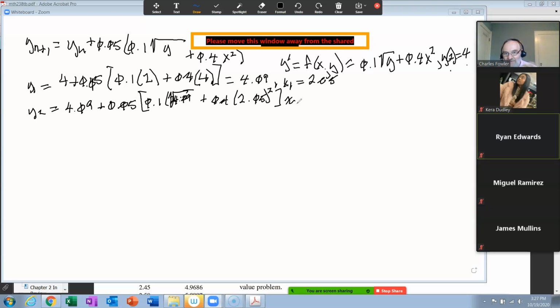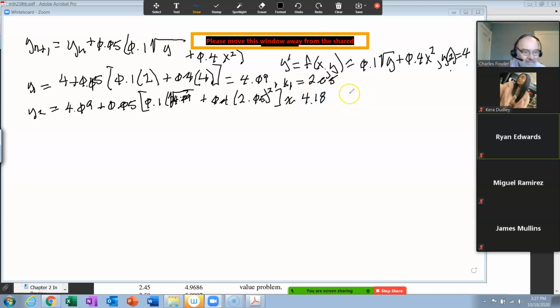If you were thinking it was, it's not. Okay, plus 0.4, part of the problem, times 2.05 squared, close parentheses, equal. That gives me approximately 4.18.